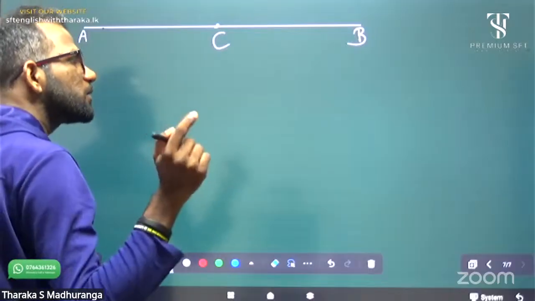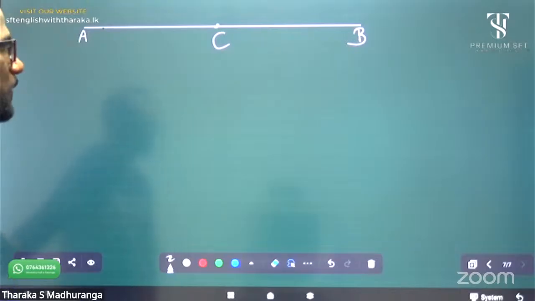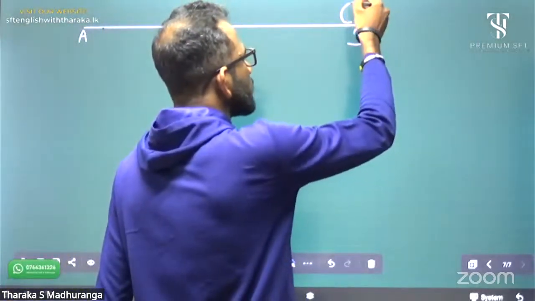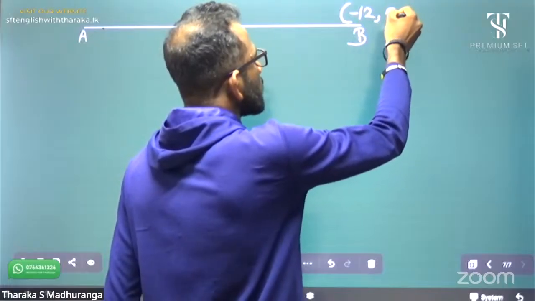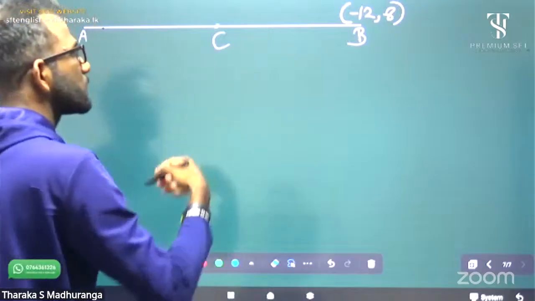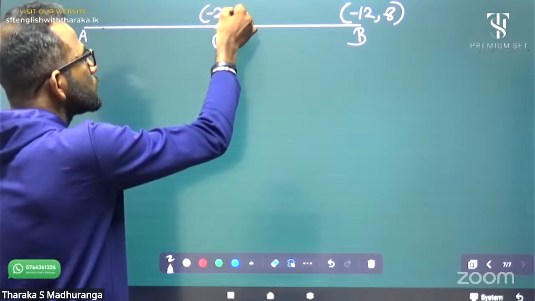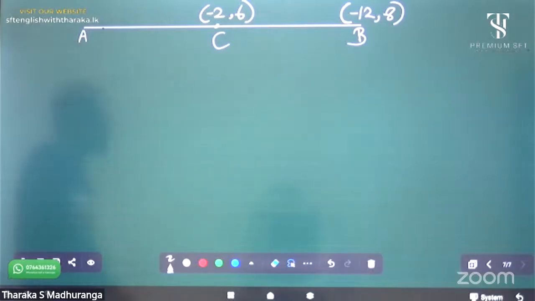The B point coordinates are -12, 8, and the C point coordinates are -2, 6. Calculate the coordinates of point A.